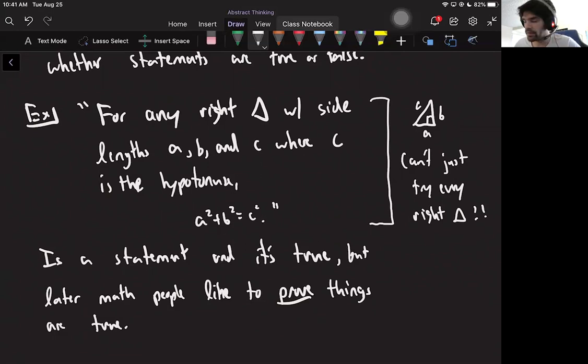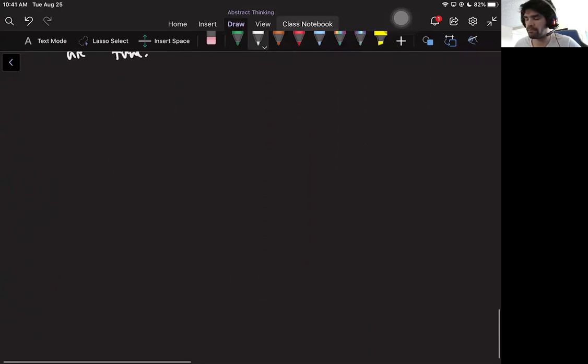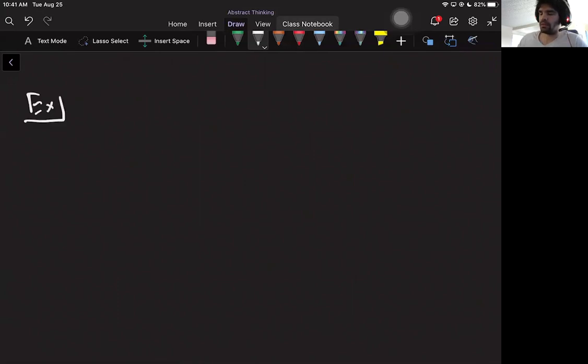Okay, but let's look at some simpler examples where, for a different reason, you might be able to show it by going through all possibilities. Okay, so here is another example.